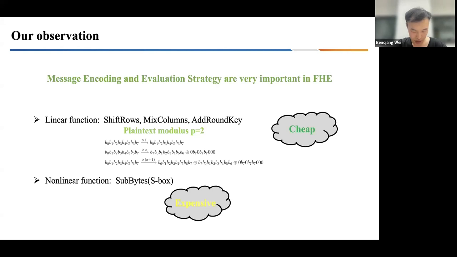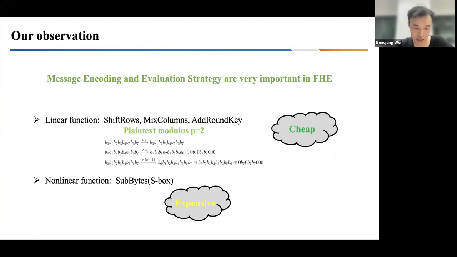In our AES computation, linear and nonlinear functions are used.